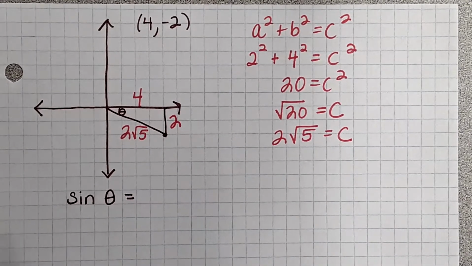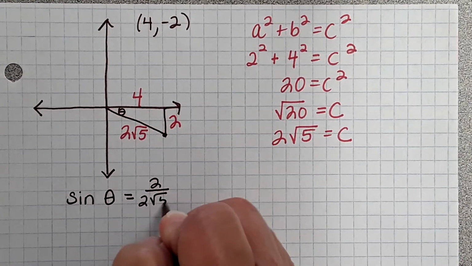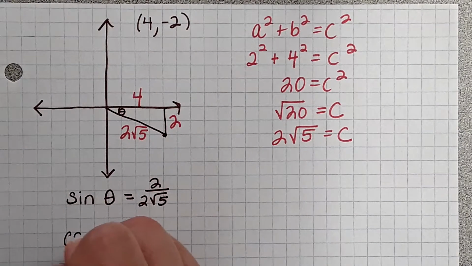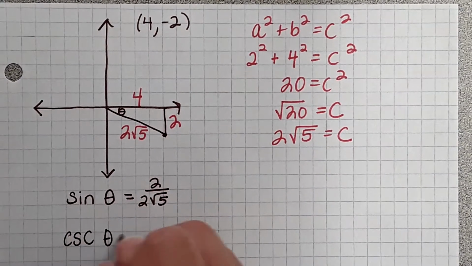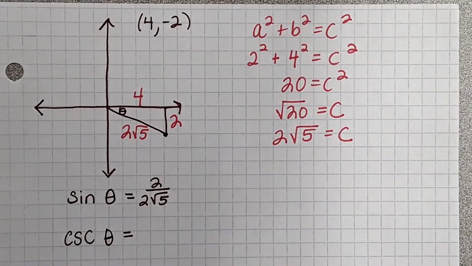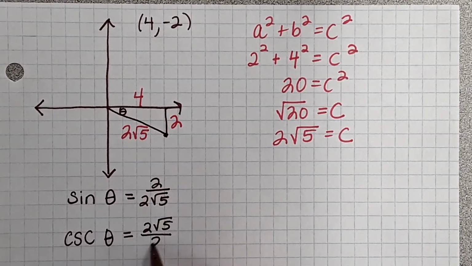Say it one more time. 2 over 2 square roots of 5. And then let's do cosecant because they go together. And what is cosecant of theta? 2 square roots of 5 over 2.